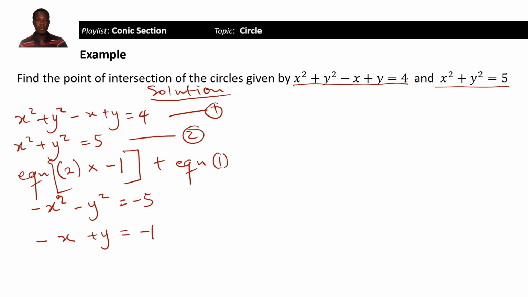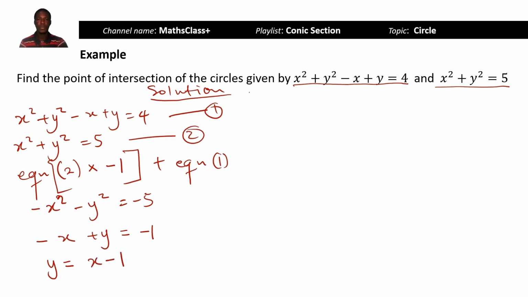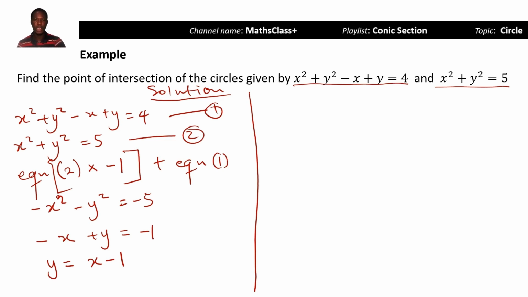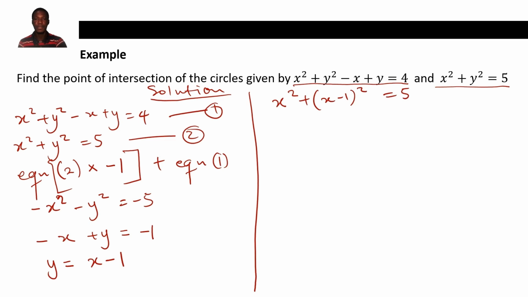Now, if I decide to make y the subject from here, I'll get y to be equal to x minus 1. Now, I'm going to substitute x minus 1 into equation 2. And when I do, I'll get x squared plus x minus 1 squared is equal to 5.